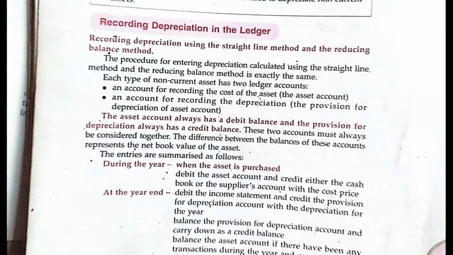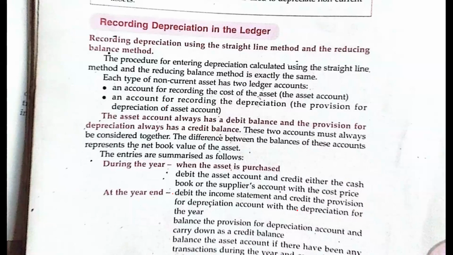Now, all these things that I was just talking about, I was just trying to lay a foundation for you. You may never meet a person who says calculate depreciation, really. So what you should pay attention to this time around is to learn how to record depreciation in the ledgers, in the accounts now.